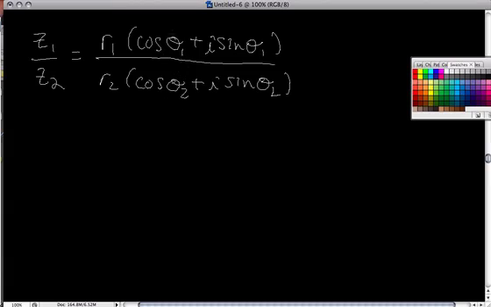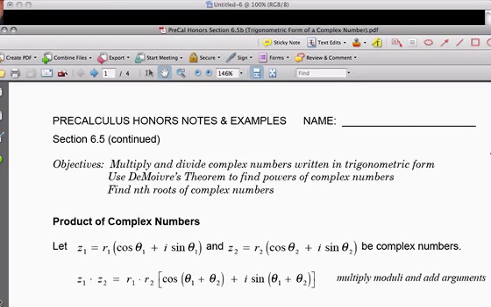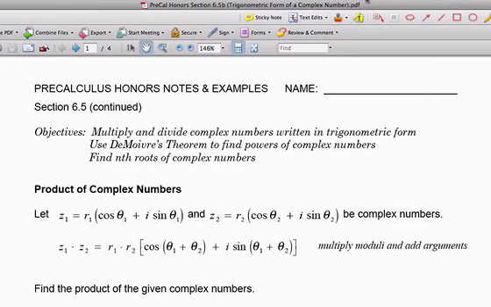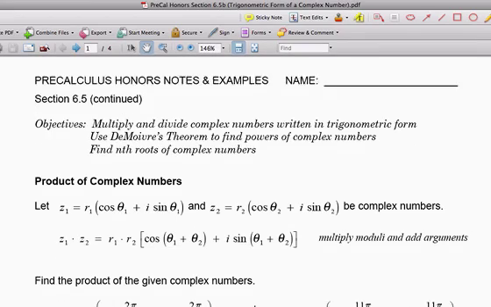The derivation of the formula turns out to be very similar to the multiplication. There's just the familiar trick of multiplying by the conjugate. If you want to work that out, it's kind of a fun little exercise, but I'll leave that to you on this maybe snowy day to occupy you. But we are just going to go ahead and use the formula here for the sake of time.